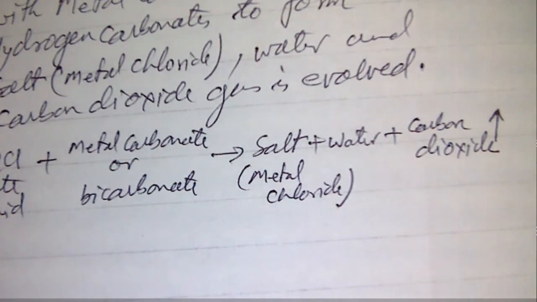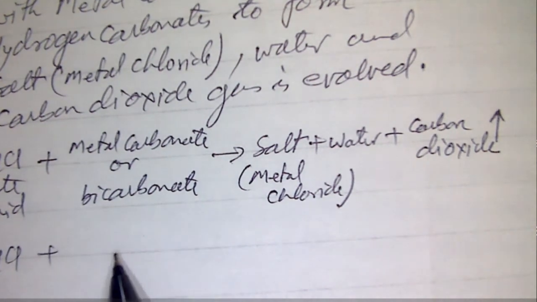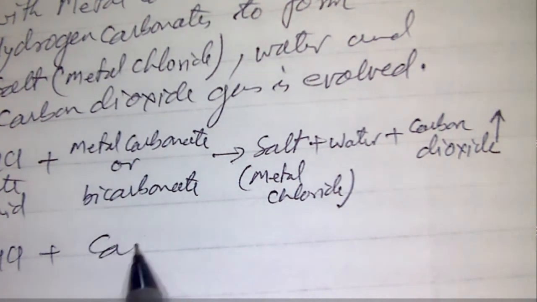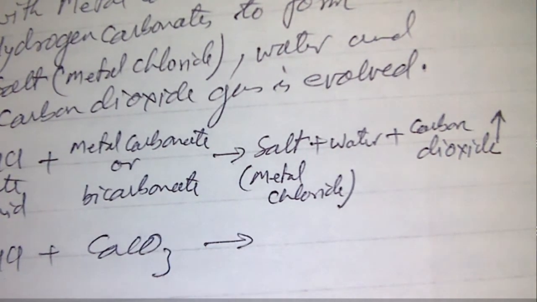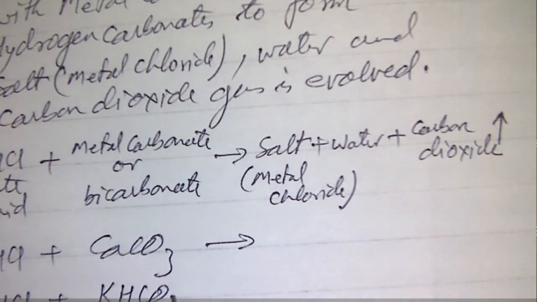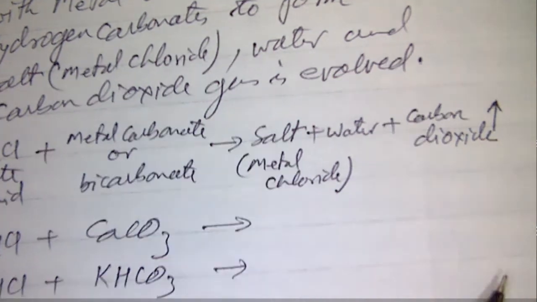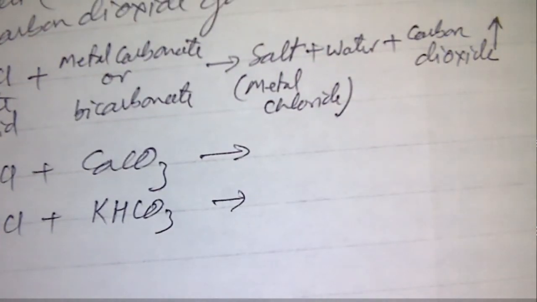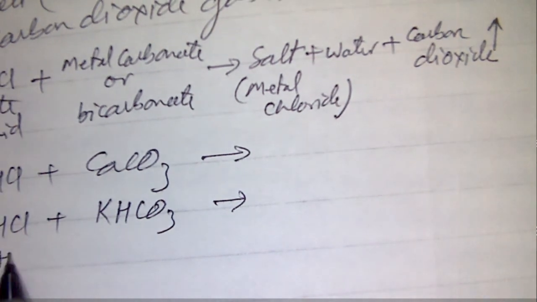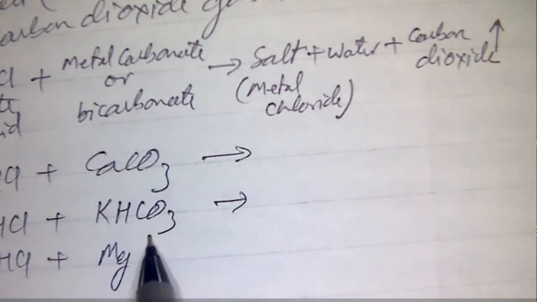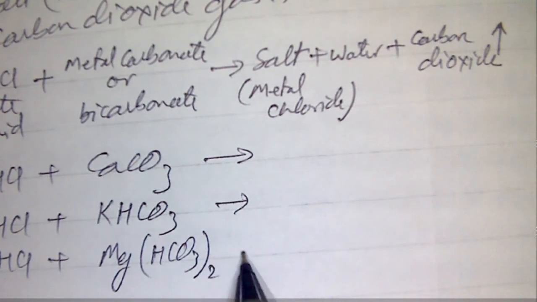So what I can do here, you can say HCl, you can add metal carbonate or bicarbonate. So CaCO3 calcium carbonate, isn't it? HCl with KHCO3 potassium bicarbonate. HCl, I can add magnesium bicarbonate also, HCO3 twice.